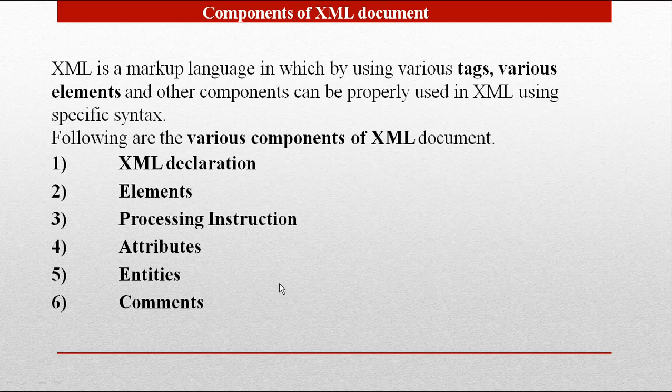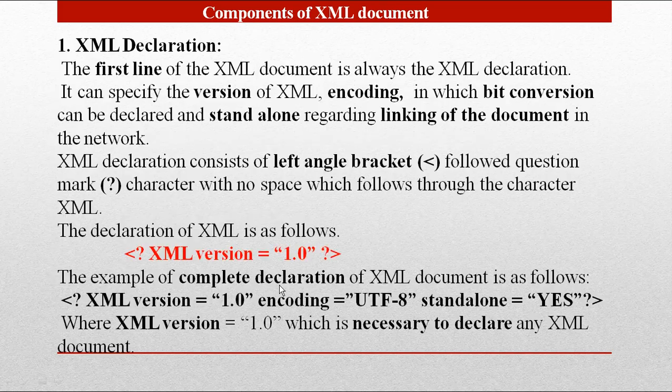Now we are going to discuss the components of the XML document one by one. So first we are going to discuss what is meant by XML declaration. It is the first component of the XML document, and the first line of the XML document is always the XML declaration. This is the first line, that is xml version equal to 1.0, with a starting question mark and an ending question mark.